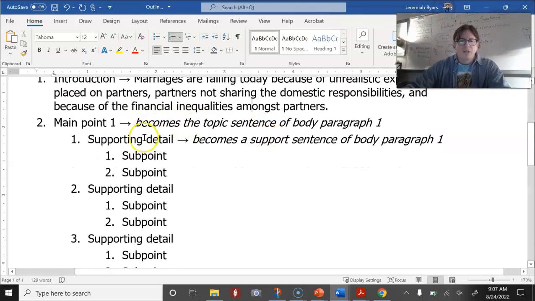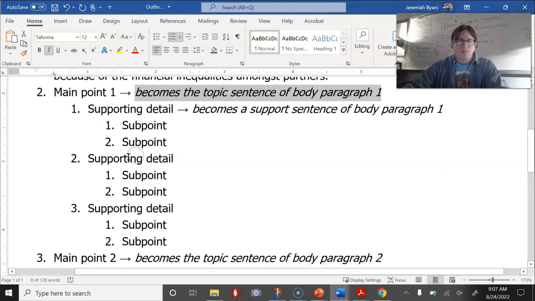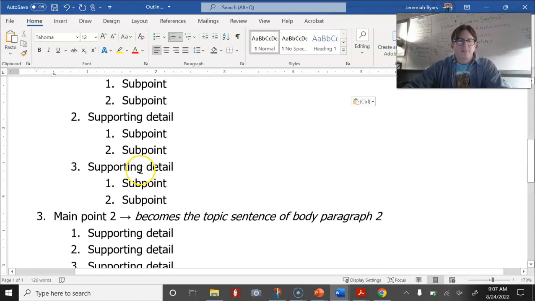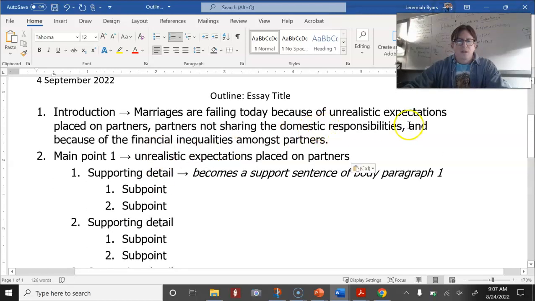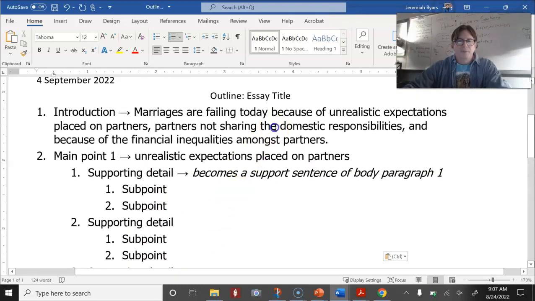All right, supporting details. Okay, so what I'm going to do is I'm going to take my first reason, unrealistic expectations placed on partners, and I'm going to copy this, and I'm going to paste it. Okay, and then I'm going to take this, copy, and I want to paste it. And then I'm going to take the third one here.